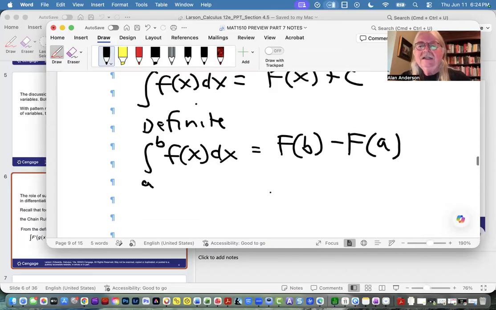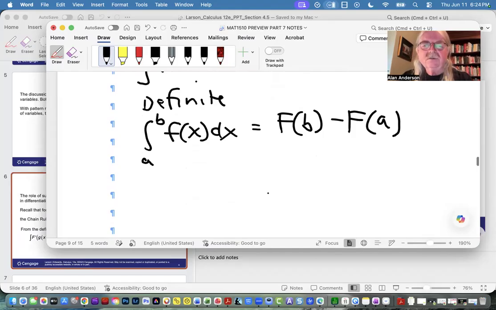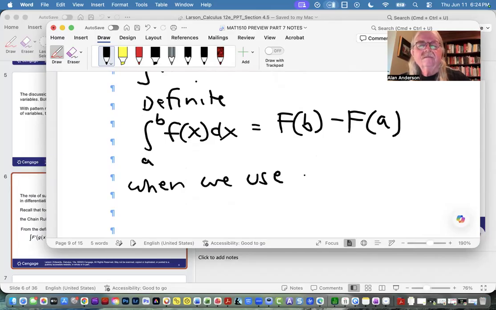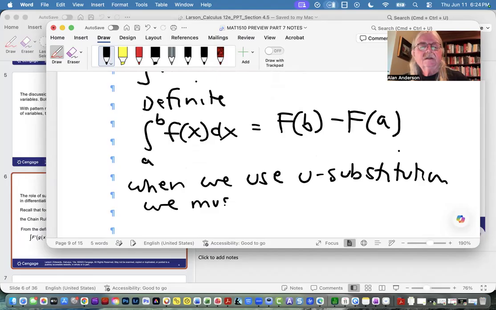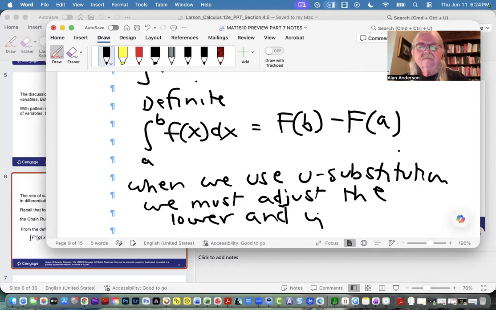Well, what we have to watch out for here is this. When we use u substitution, we must adjust the lower and upper limits of integration.